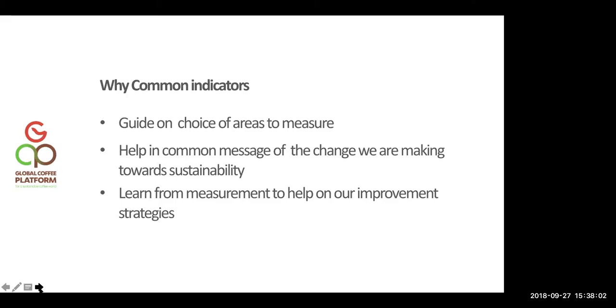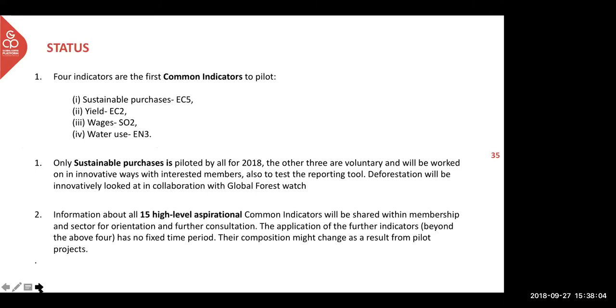And then, maybe to finalize on this, one of the parts of pushing this dialogue further is, as a membership organization, that is GCP, we also have maybe the responsibility or the ability to encourage our members to work on these issues as a start, as the rest of the sector takes.